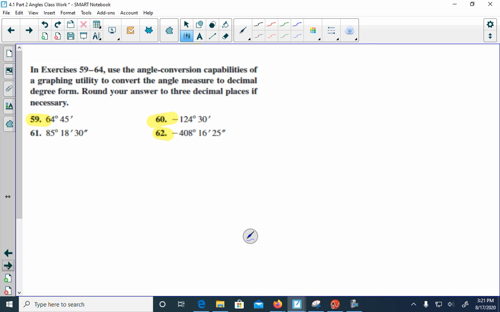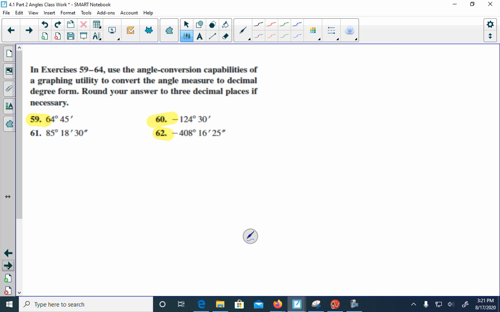So the next one is a calculator one. You have your calculators out, and right now it's in degrees, minutes, and seconds, and you want to convert it into a degree decimal to 3 decimal places. So I have 85 degrees, 18 minutes, 30 seconds.